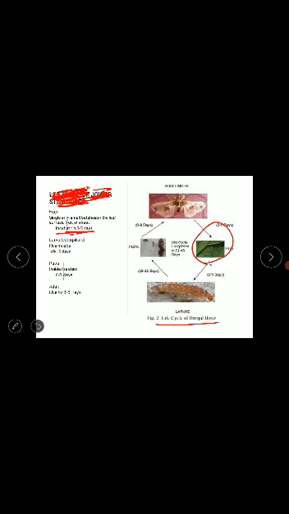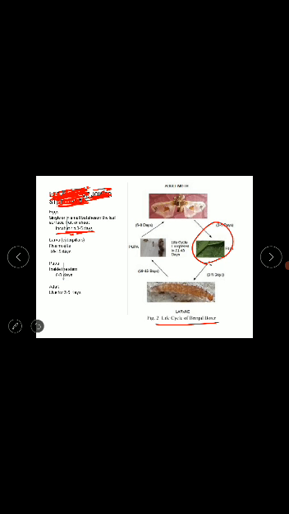If the eggs are on the leaf, the caterpillar starts to bore into the midrib of the leaf. If the eggs are laid on the fruits, the caterpillar feeds on the internal tissue of the fruit. And if the female lays the eggs on the shoot, they start to bore into the shoot. So it depends on where the female laid the eggs.